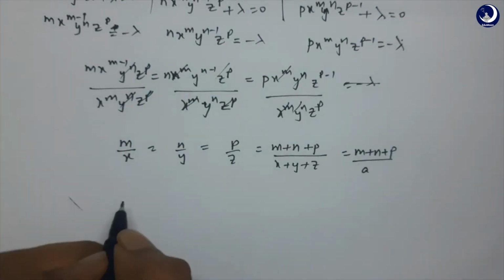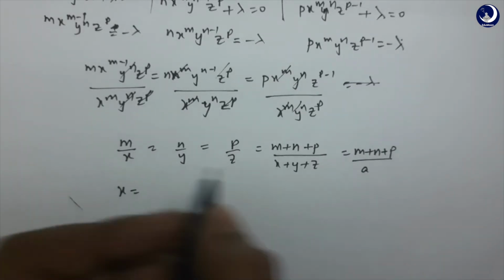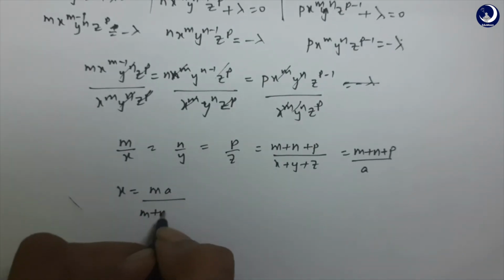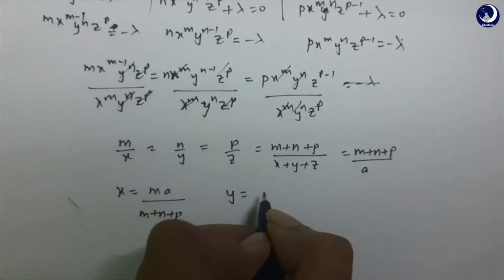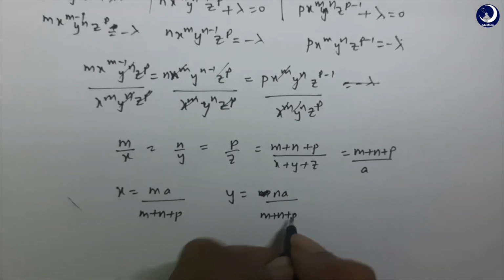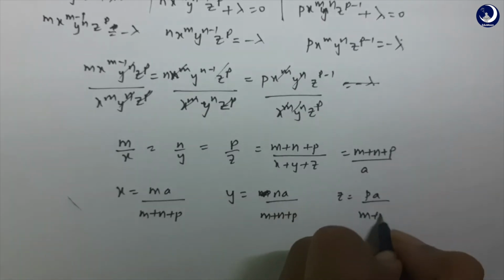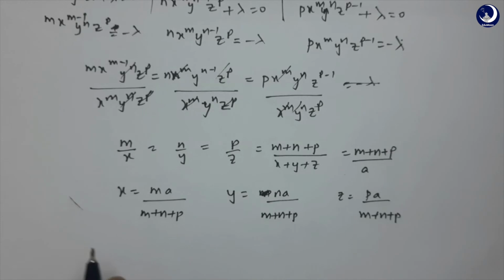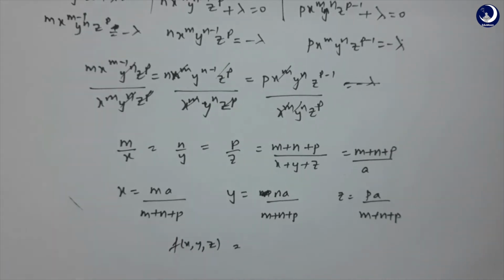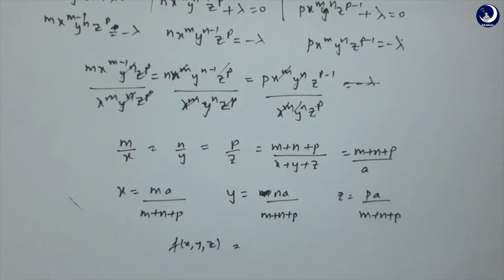So our maximum value occurs at x equals, equating this and this, we'd get ma by (m plus n plus p), and y would be na by (m plus n plus p), and our z would be pa by (m plus n plus p). And our maximum value of f(x, y, z) would be, we have to substitute these three values in our given function.